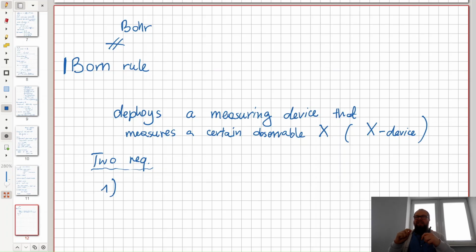So the first one is that the measuring device, the X device, concludes its operation instantaneously. So the delay between the deployment and the conclusion of the operation of the device is negligibly short. So it's instantaneous.